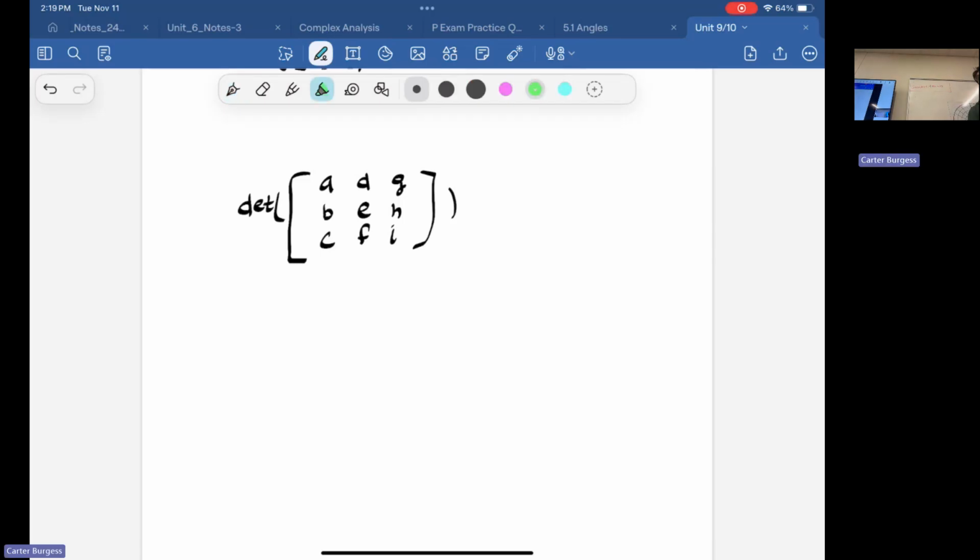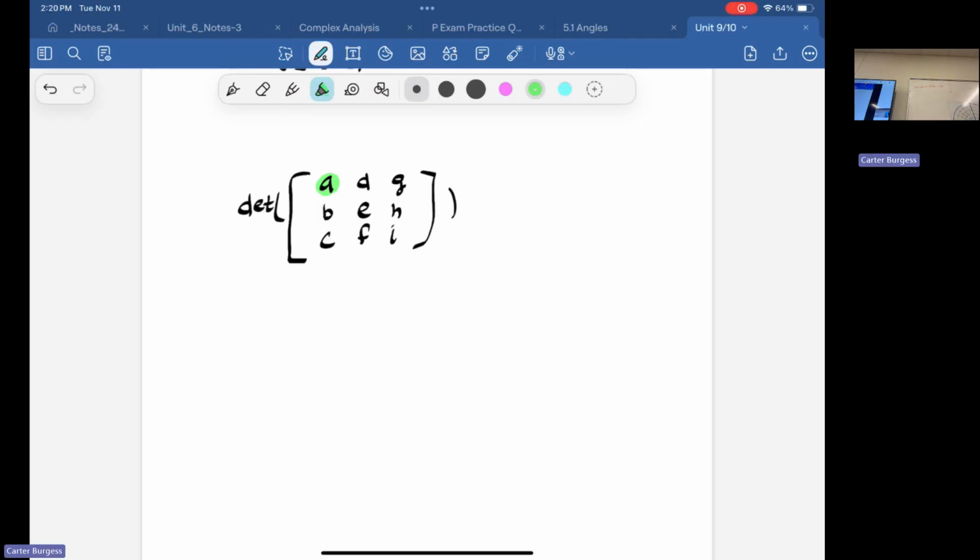We are going to look at the first column entry in the first row, which in this case is A. And we are going to take A and multiply it by the determinant that we construct using the other entries that are not in its row and not in its column.